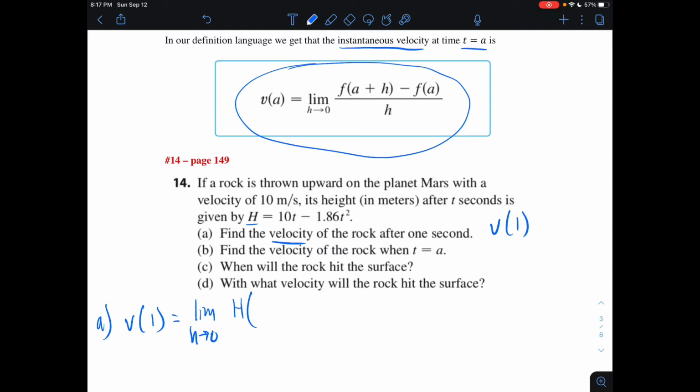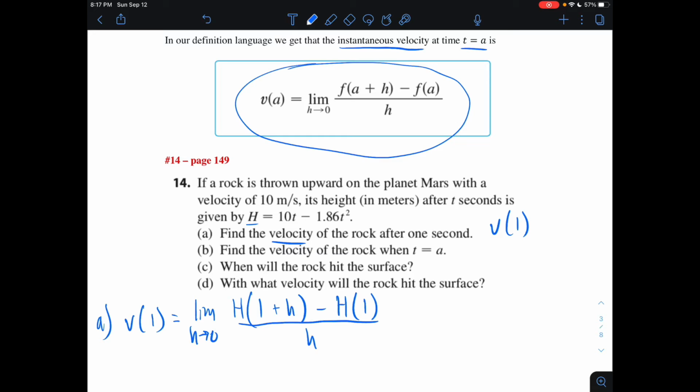Of, in this case, a is 1 plus lowercase h minus capital H of 1. Again, a is 1 and f is our function, which is in this case capital H. And then divide this all by lowercase h because we are taking the limit as lowercase h approaches 0.